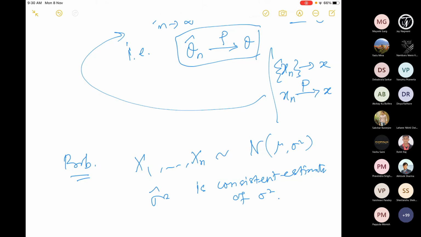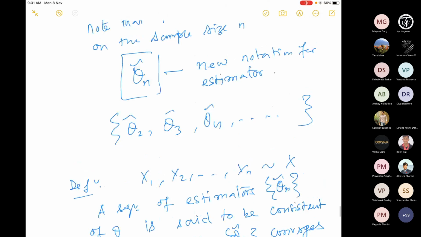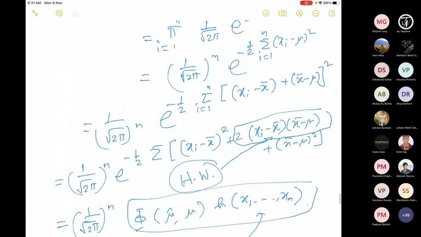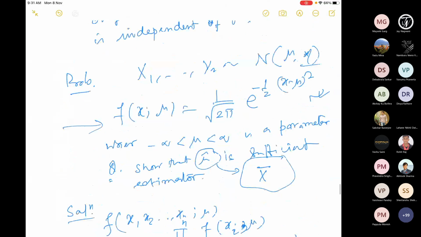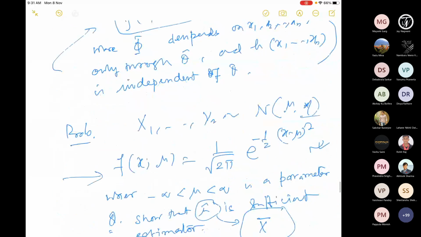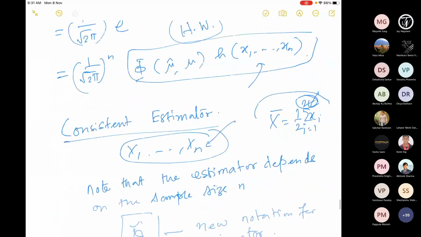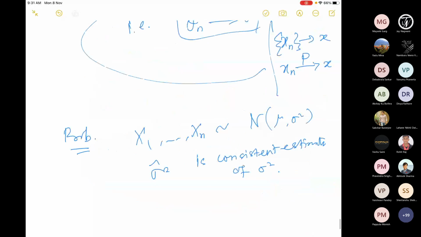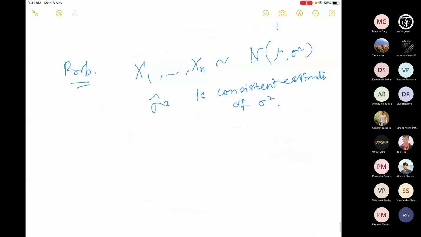These are the properties of the estimators. If you don't know sufficiency, you should at least know unbiasedness, sufficiency and consistency. But at the end of the day, I'm estimating the population parameter using some method, finding an estimator.